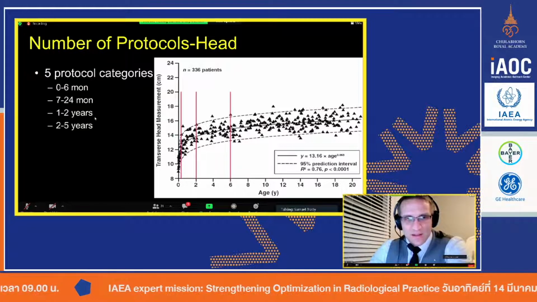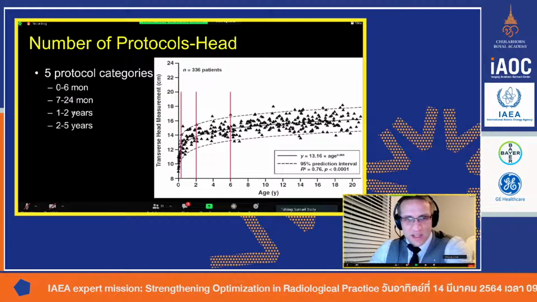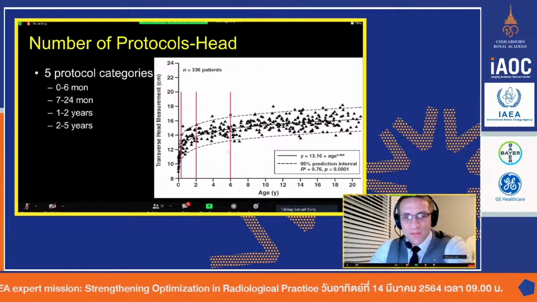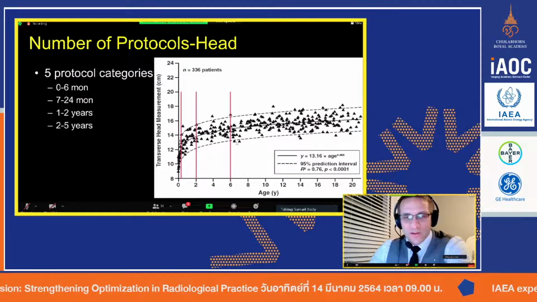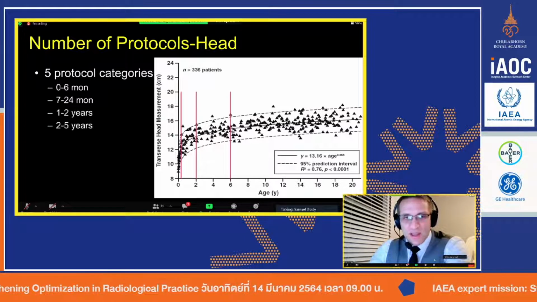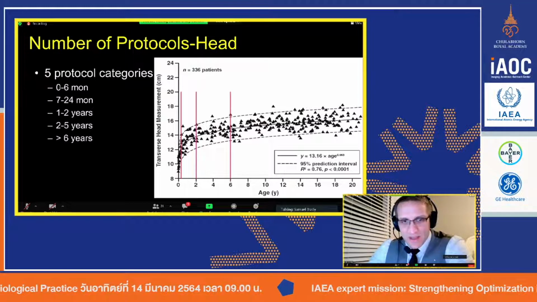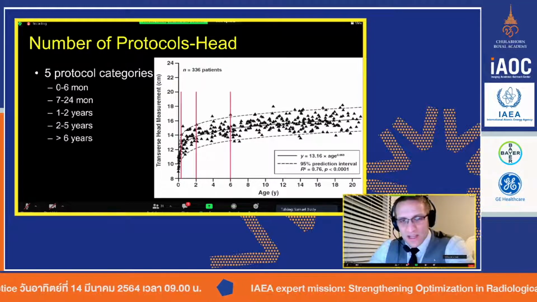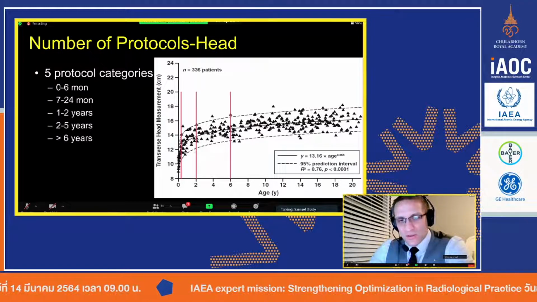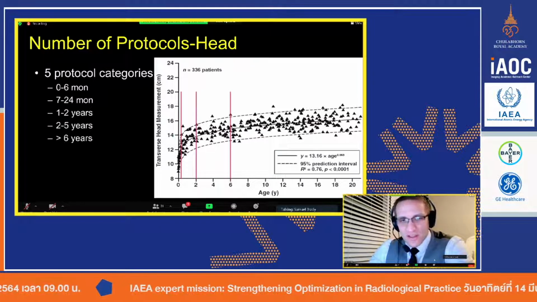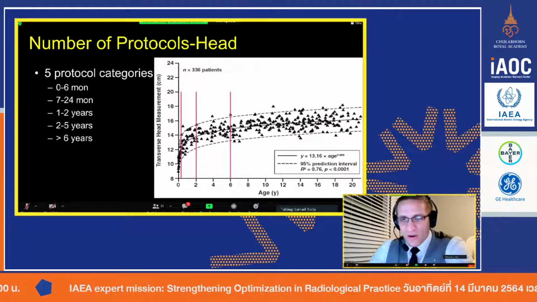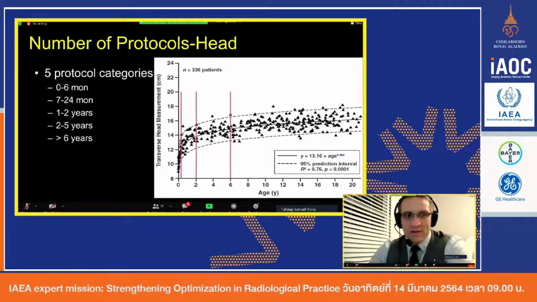And then the next one is 2 to 5, up through 5 years, so up to 6 years, and then everything beyond that. So the most change happens at that really young age. But as we get a little older, basically after 2 years old, there's not a lot of change in the overall diameter of our head.